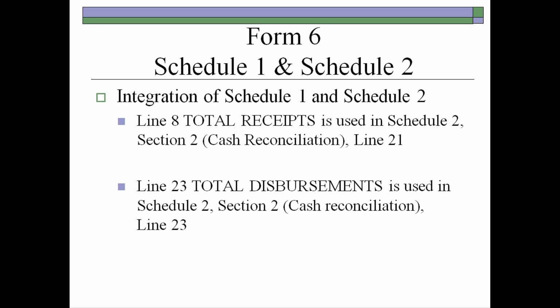Your line 8 of total receipts on Schedule 1, column C, will go to Schedule 2, column B, line 21. And your total disbursements on line 23, column C, will go to Schedule 2, column B, in Section 2, line 23.